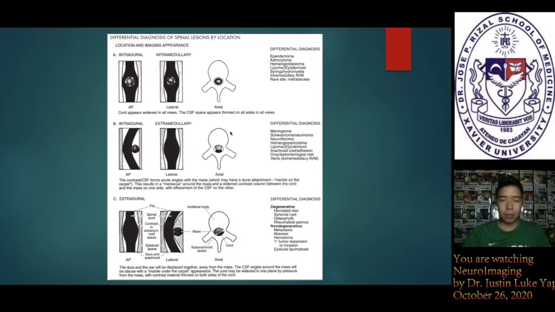That is why the most common pathology in extramedullary is also your meningioma, same as in extra-axial tumors of the brain. For intramedullary, our primary differential diagnosis would be ependymoma and astrocytoma, since basically these are the cells involved in the spinal cord, and it's sometimes very difficult to differentiate the two.